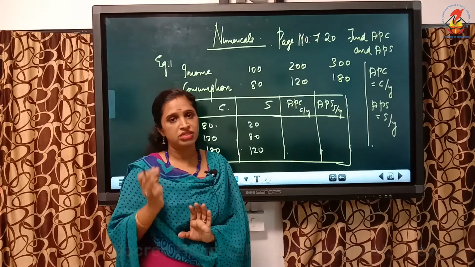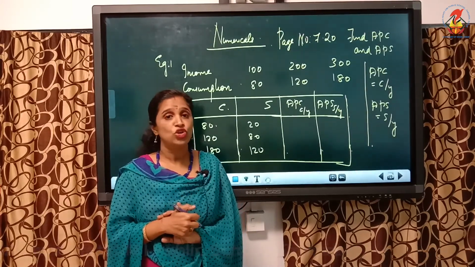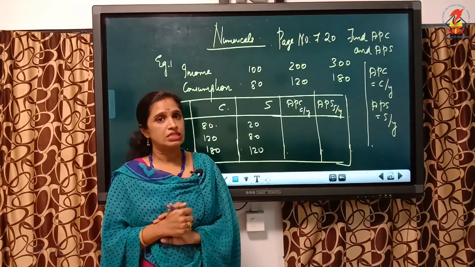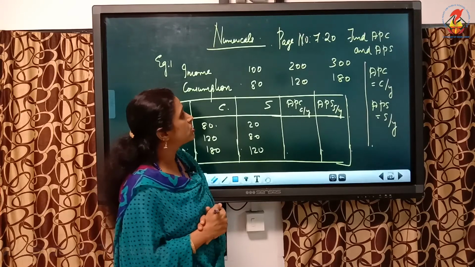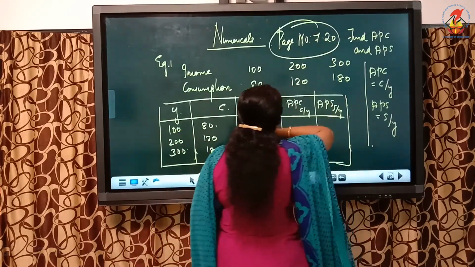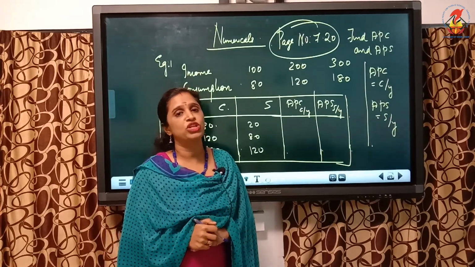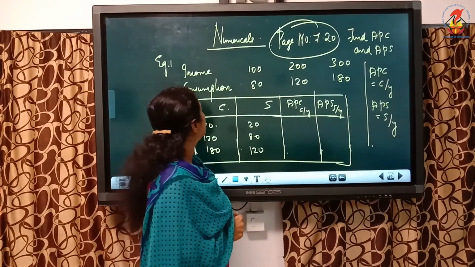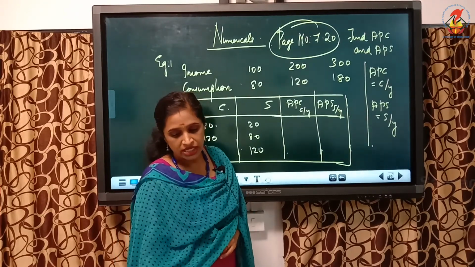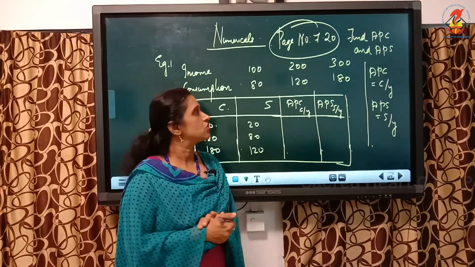So with all these formulas in mind, you have to work out the numericals given in your Sandeep Garg textbook, and your numerical problems start with page number 7.20. Here we can attempt the first problem given in your example, page number 7.20.